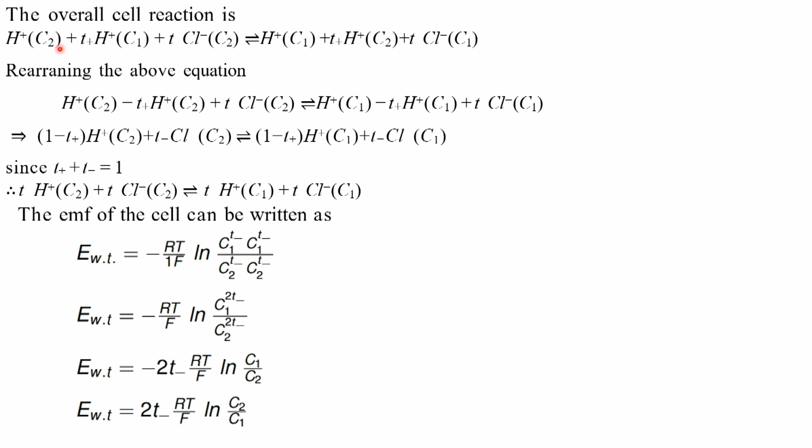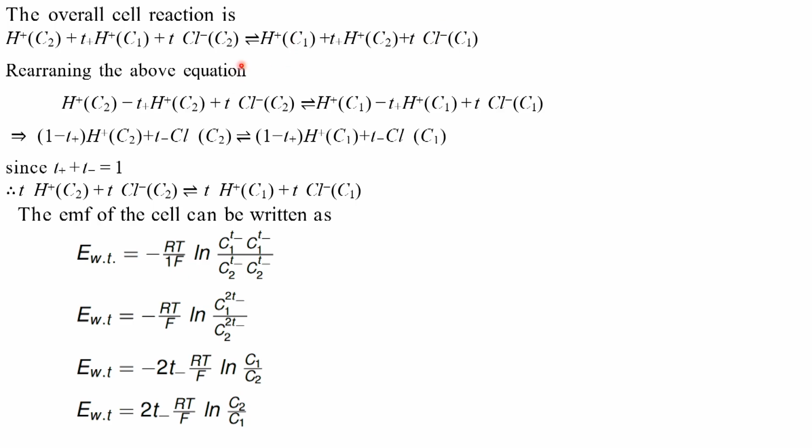So H2 plus H plus C2 plus T plus H plus C1 plus T minus Cl minus C2 produces H plus C1, and T plus times H plus at concentration C2, and T minus Cl minus of concentration C1.